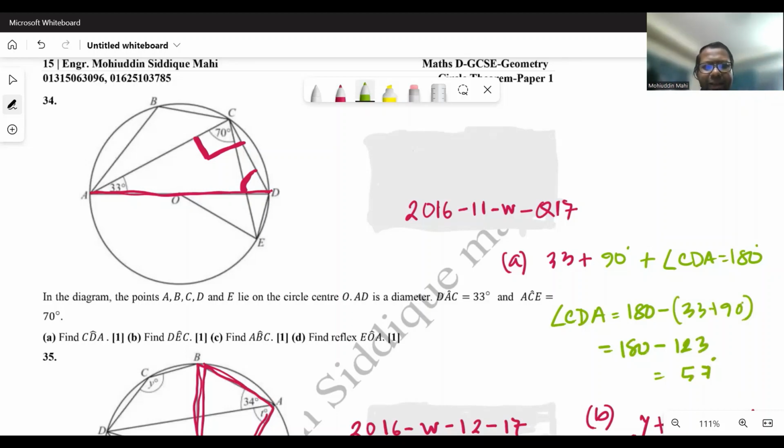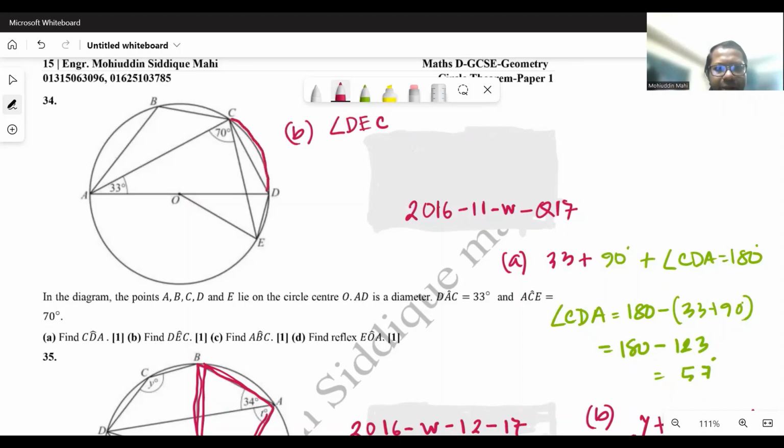Then we have to find out angle DEC. Now standing on the same arc, angle at the circumference is 33 degrees.